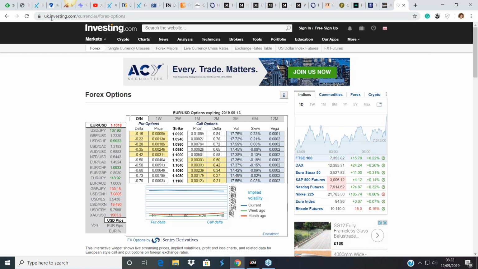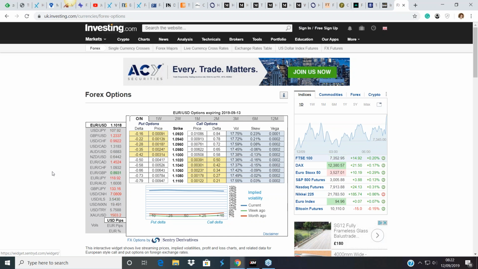I've actually got the UK version, but it doesn't matter: UK.investing.com, currencies, /forex-options. Even if you know nothing about options, don't worry. In fact, we're going to be looking at options some way down the line, both for Forex and for stocks and indices. And what you have is this little table.